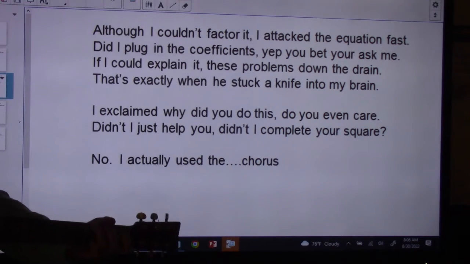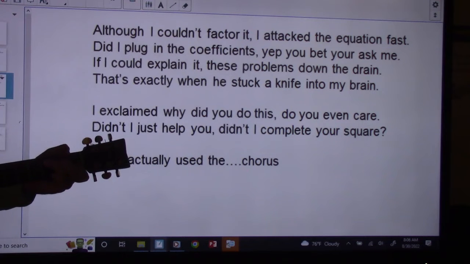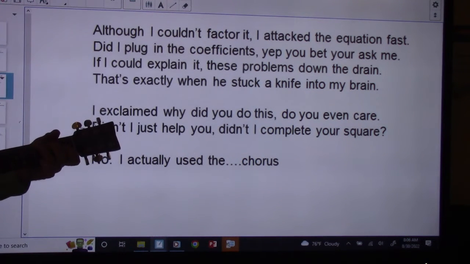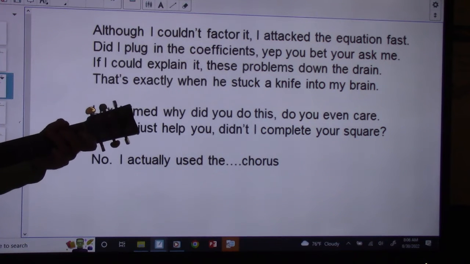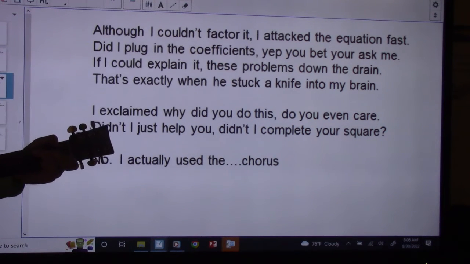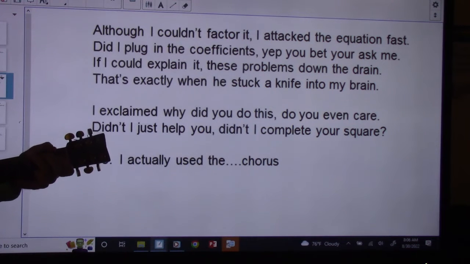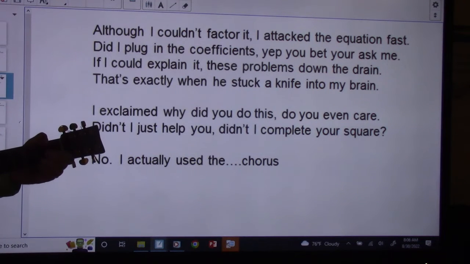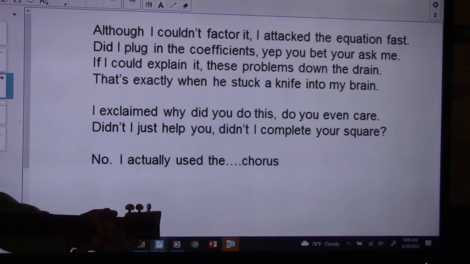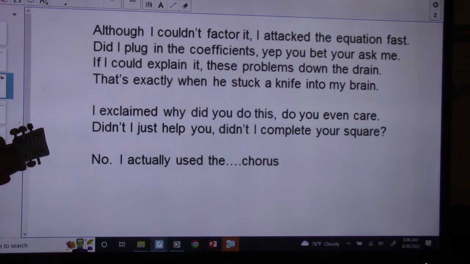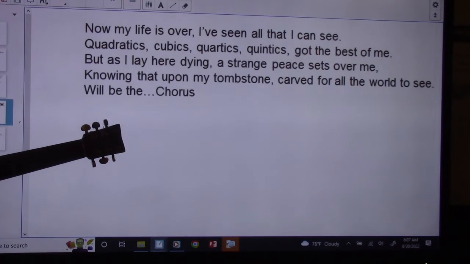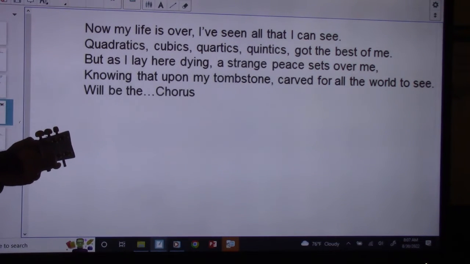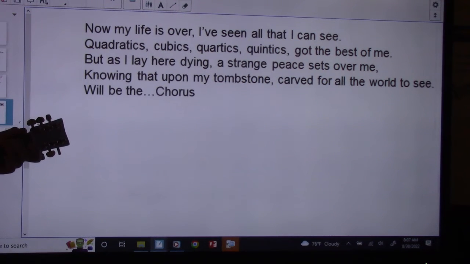No, actually I used the quadratic formula, the quadratic formula, and it's negative b plus or minus square root of b squared minus 4ac over 2a. Now my life is over, I've seen all that I can see. Quadratics, cubics, quartics, quintics got the best of me.